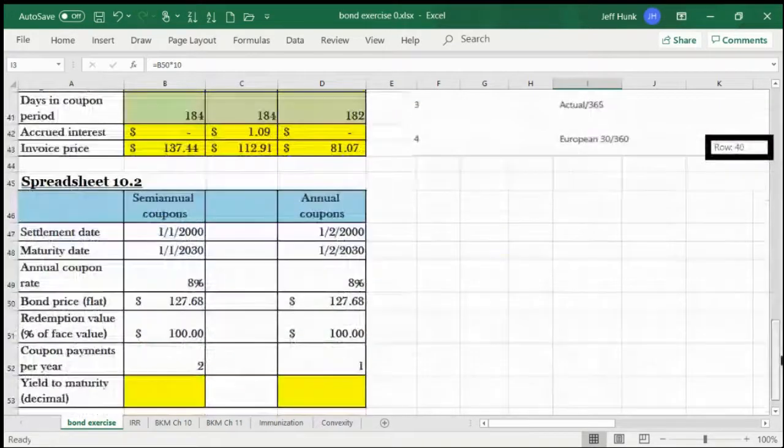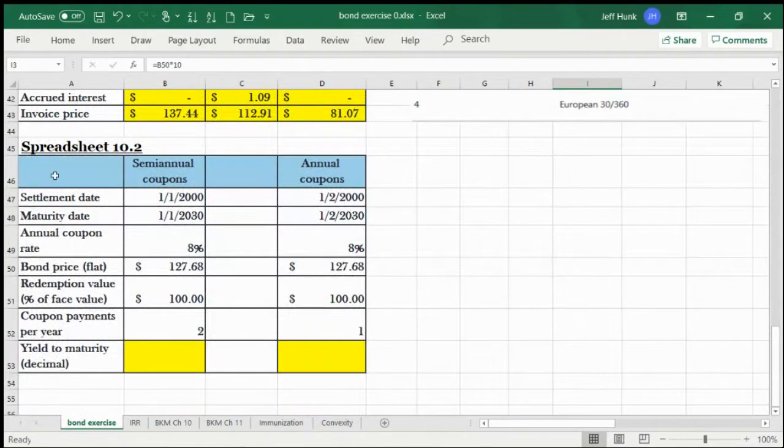So let me move on to this problem. The coupon rate is given there. So everything is expressed. Redemption value 100%, right, of $1,000. Bond price is also expressed as a percentage of the par value.